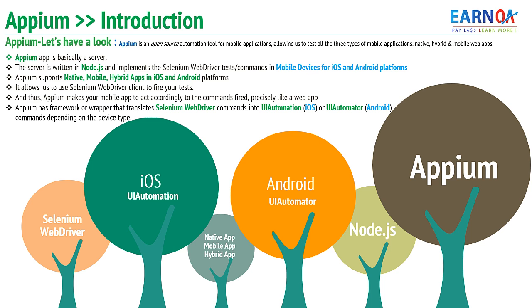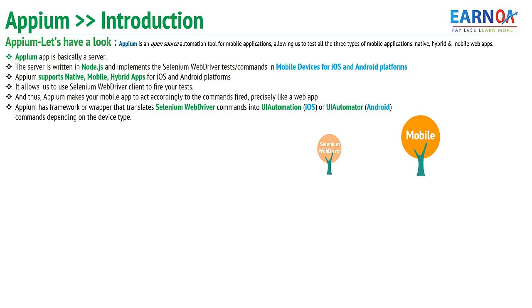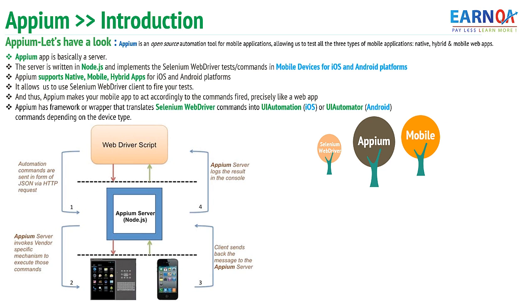And this is what we discussed previously. To extend Selenium WebDriver to execute scripts on mobile, we need an interpreter or a supporter, and Appium is the supporter. Appium is the server which reads your Selenium WebDriver scripts and executes them on the mobile. What is the technology?